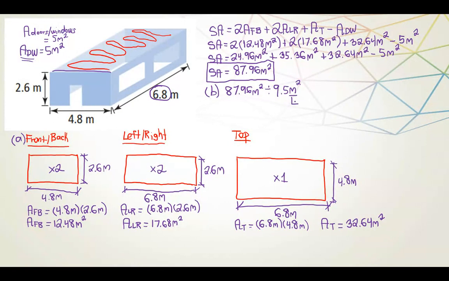If you divide those two numbers together, 87.96 divided by 9.5 is a big repeating decimal number. I'm just going to write it down to the nearest hundredth. So this would be 9.26 liters. Okay, so that's how many liters of paint I need.